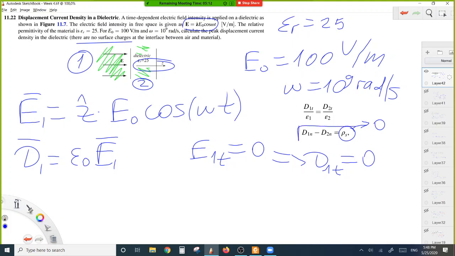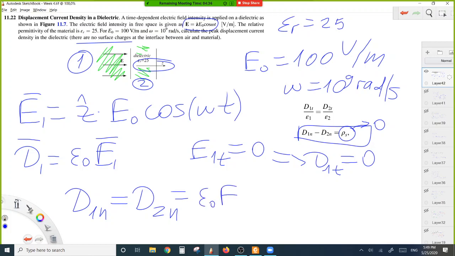From this we can conclude that the normal component of D1 is equal to the normal component of D2, and from here we can write that D2n is equal to D1n, which is equal to epsilon 0 E1 normal, which is equal to epsilon 0 E0 cosine omega t.